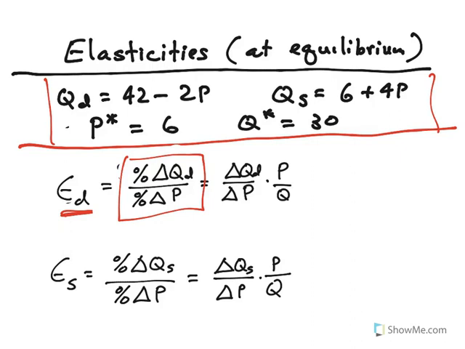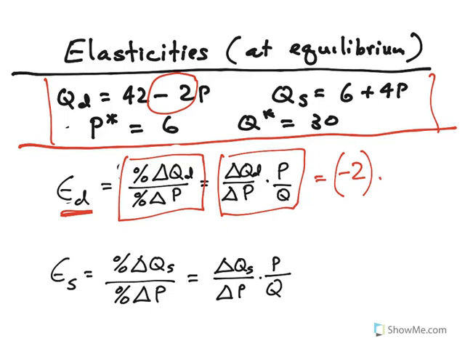That can also be written as the change in quantity demanded divided by the change in price times price over quantity. It's the slope of the demand curve, which we can see up here is minus 2, times the price, which is 6, over the quantity, which is 30. If you simplify that, the elasticity of demand is equal to minus 2/5 in this example.